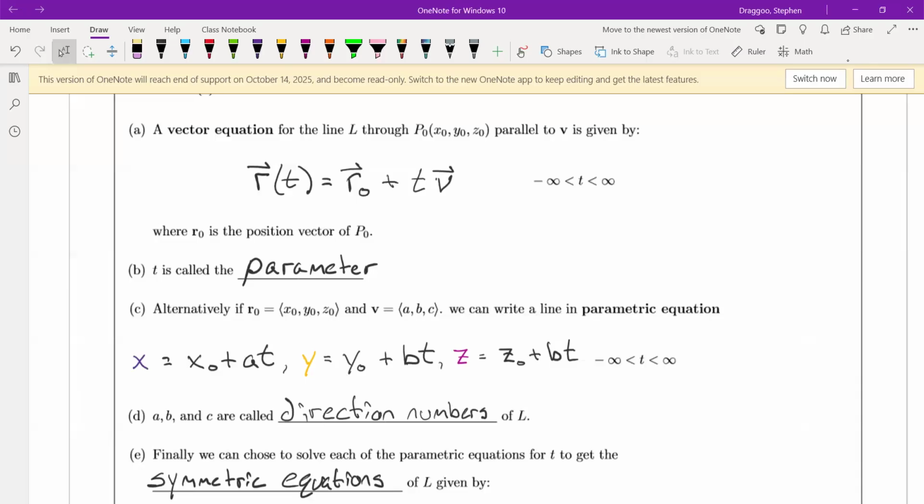So if I have a one-dimensional object, that being a line, that's existing out in 3 space, I only need one parameter in order to describe that object. I only need one parameter to describe a one-dimensional object. So I can only go forward or backward. I can't move left or right or up and down.